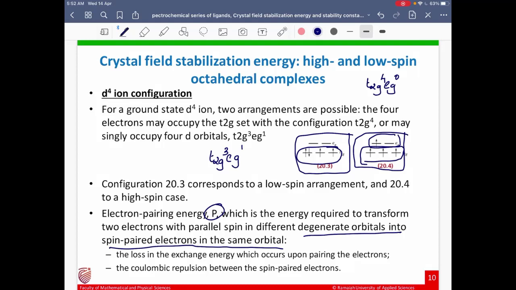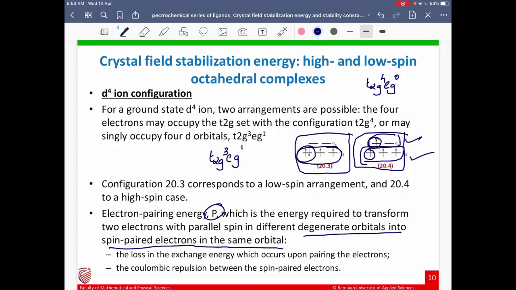Here you see 2 electrons with parallel spin in 2 different degenerate orbitals, and here spin paired electrons in the same orbital.